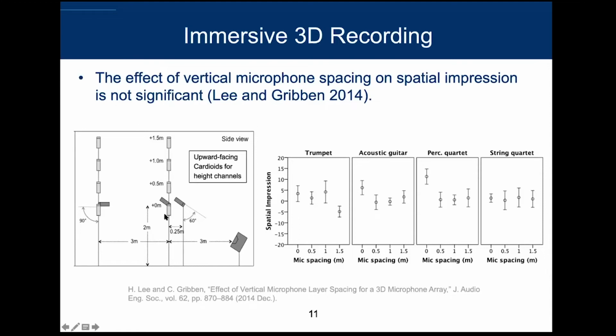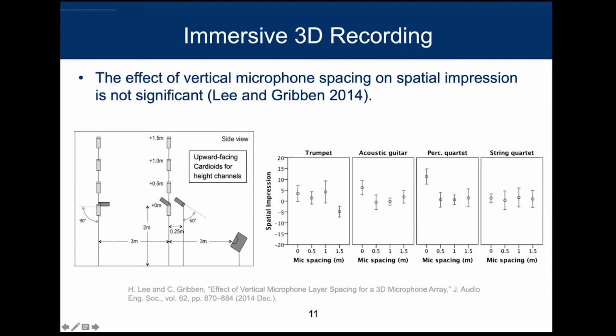Horizontally, it needs to be spaced, but vertically, this 0 centimeter spacing actually produces more spatial impression sometimes, depending on the source. It actually widens the source width even more. Between 0.5 to 1.5 meter spacing, there is no difference.